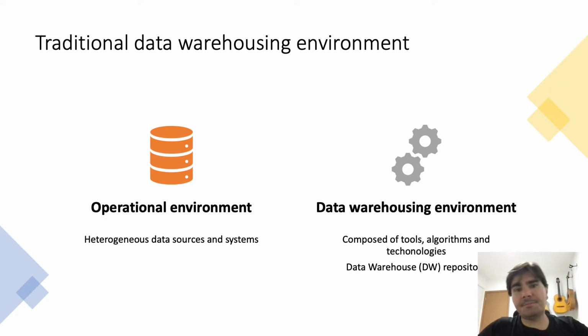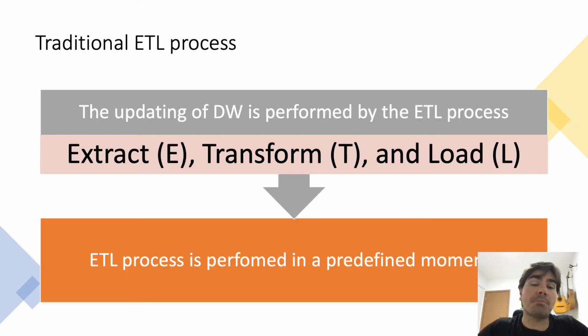For this purpose, we have the ETL process: extract (E), transform (T), and load (L). This updating process of the DW is performed by the ETL process at a predefined moment.